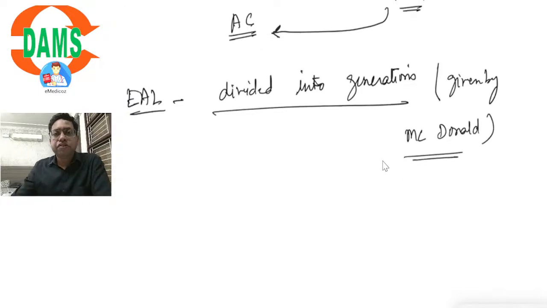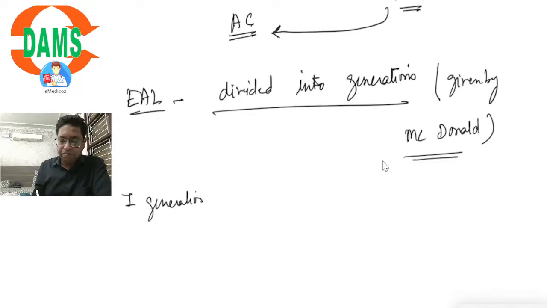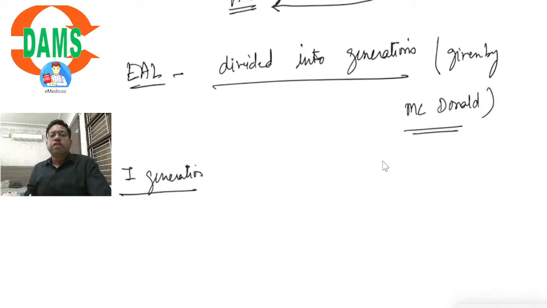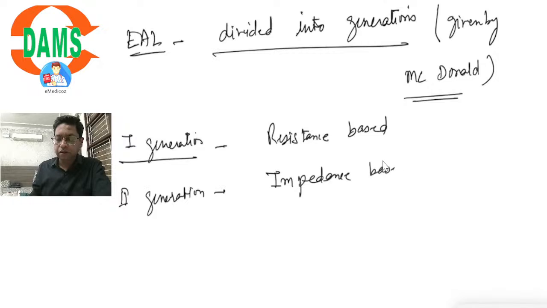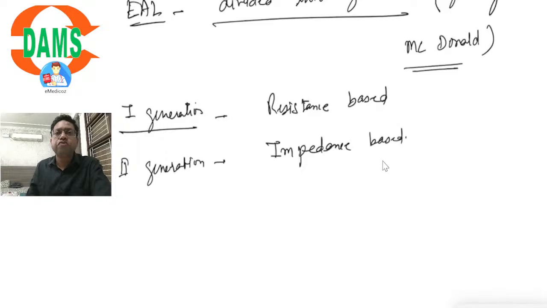So, the first generation are called resistance based. You have to remember the names of these electronic apex locators. The second generation are called impedance based. Resistance and impedance are two physical properties: the first generation measured the resistance, the second generation measured the impedance.